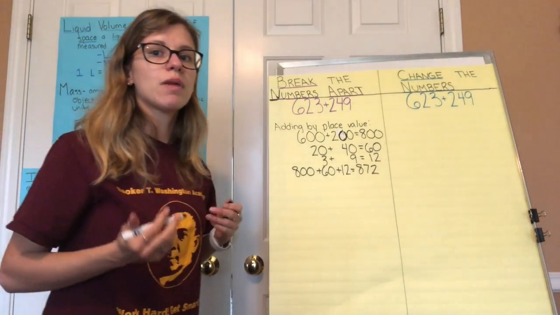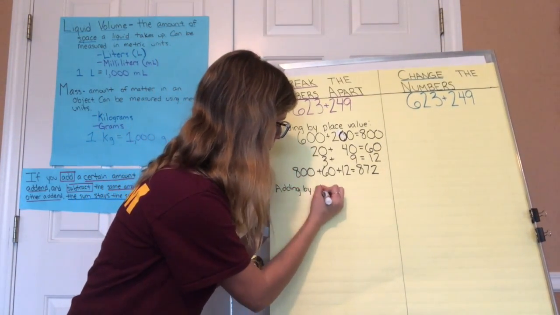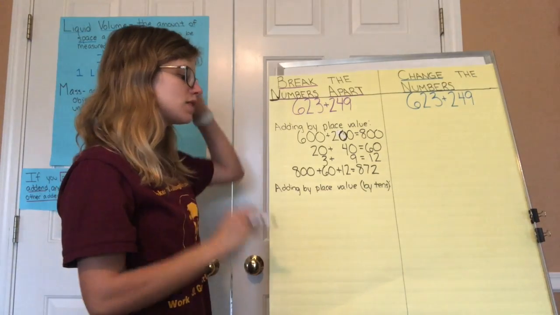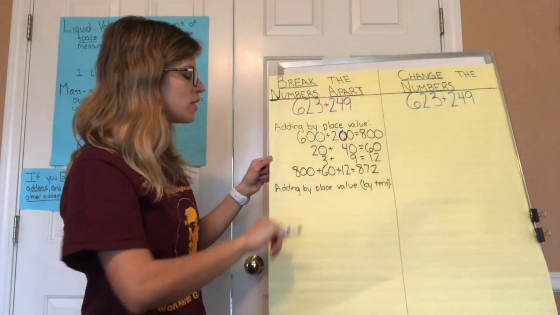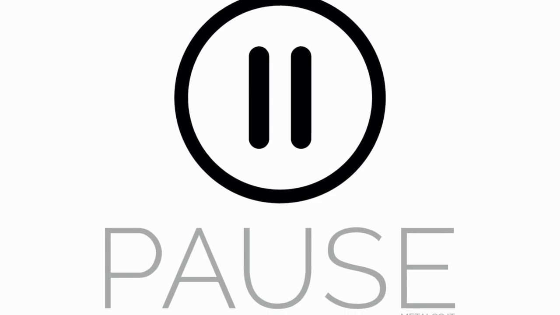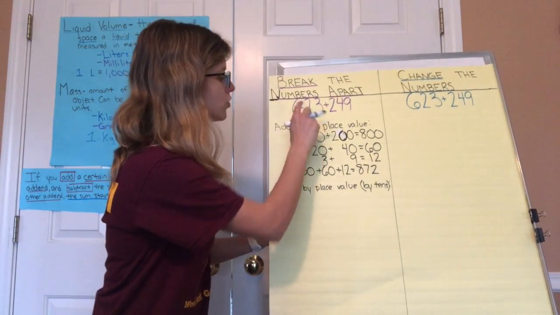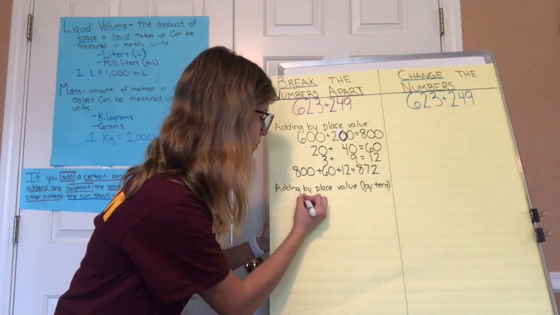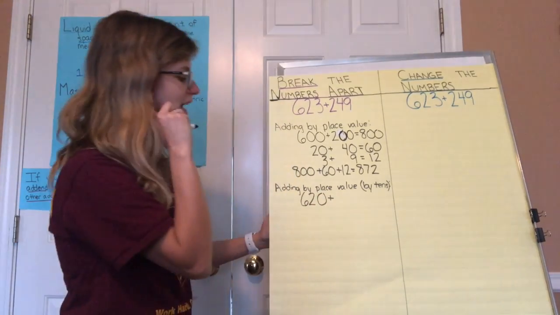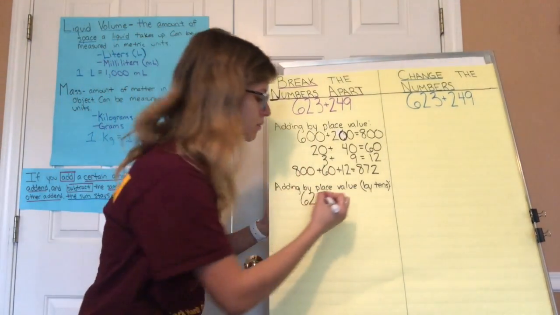Now what about if I did adding by place value and I did it by tens? Pause me and think about what equation that we just did would be adding by place value by tens. Adding by place value by tens, I would be doing both my hundreds and tens, so 620, because then I have 62 tens, and then 240 or 24 tens.